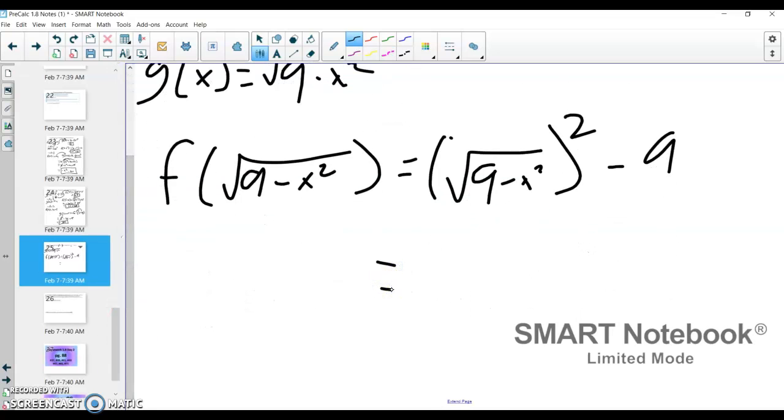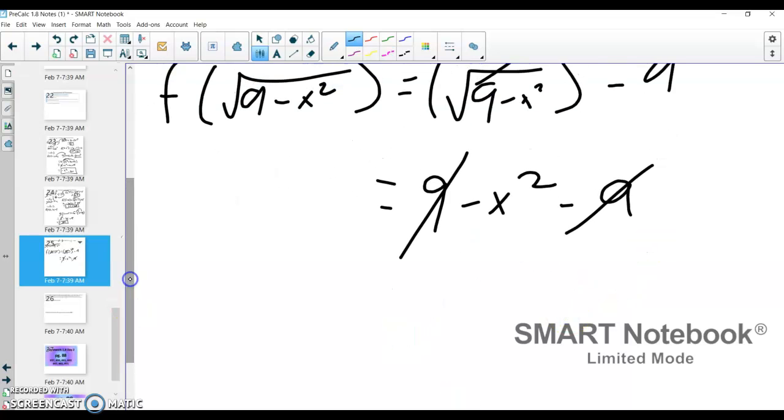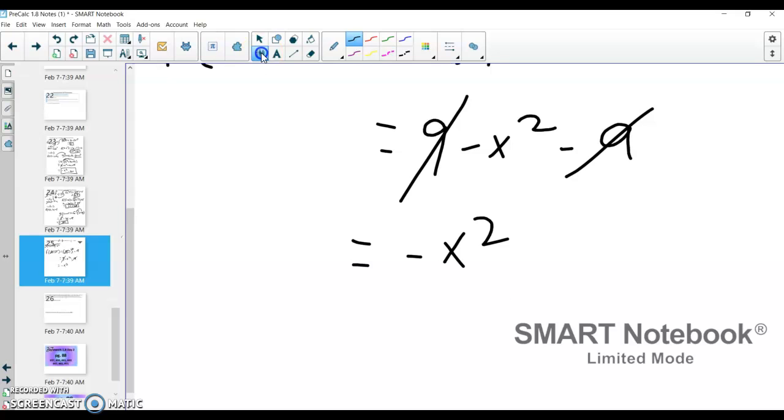That's getting squared, so the square root cancels the squaring, and you get 9 minus x squared minus 9. The 9's will cancel, and you're left with just negative x squared. And that there is my composite function.